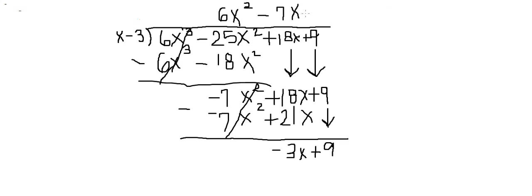So you set the negative 3 right on top of the 9, and then you go ahead and multiply negative 3 times x, and that gives you negative 3x, and then you multiply negative 3 times the negative 3, and that would give you a positive 9, and you have a nice polynomial long division problem with a zero remainder.